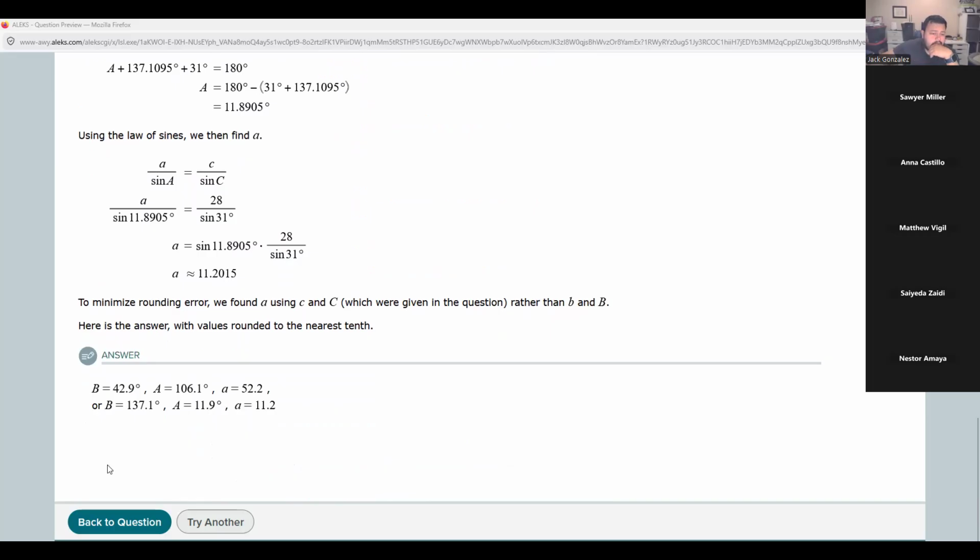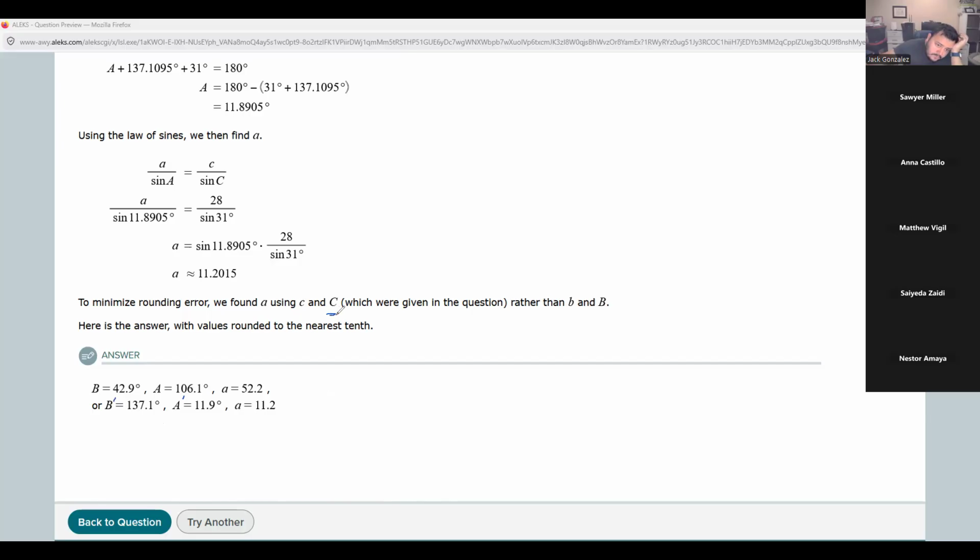I don't like how they wrote it. They should denote this differently. I'm going to call this A prime and B prime, or B1 and A1, like they did. But notice that the C doesn't matter.